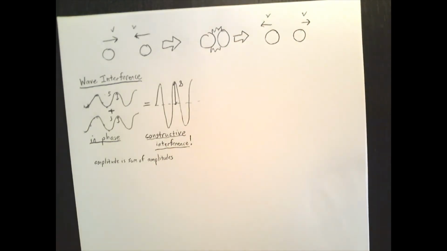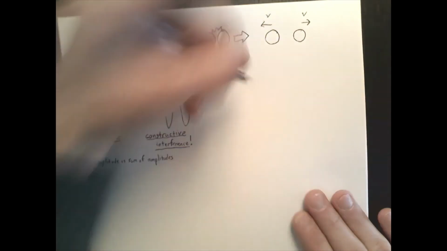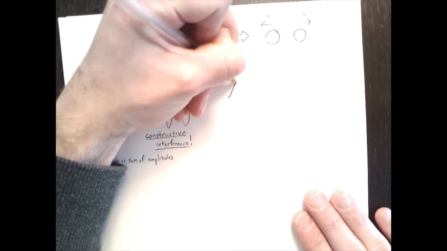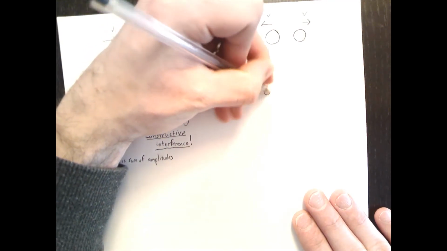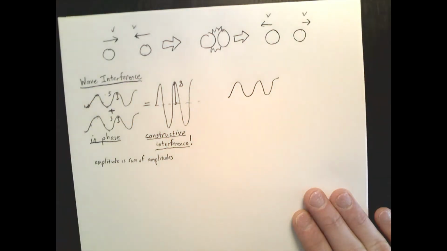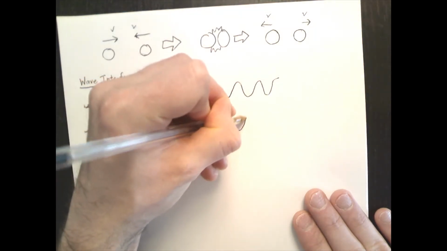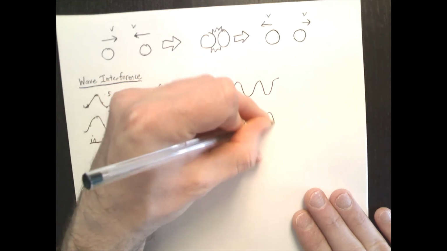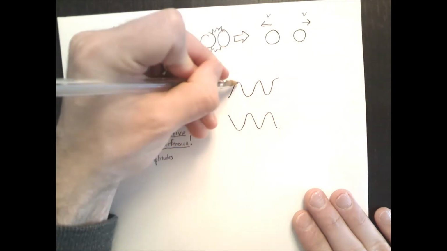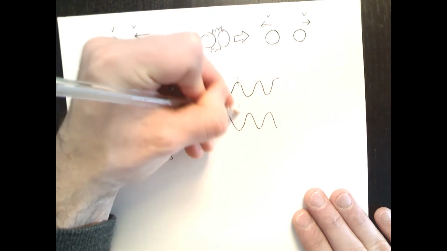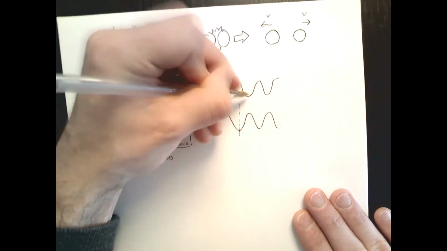All right, that's one way waves can interfere. The other way is, say I'm going to draw the same wave I had before, something like that. And now I'm going to draw the opposite wave. So this one starts going down, goes up, down, up, and so on. And so now we know that whenever our first wave is up, this other wave is down.